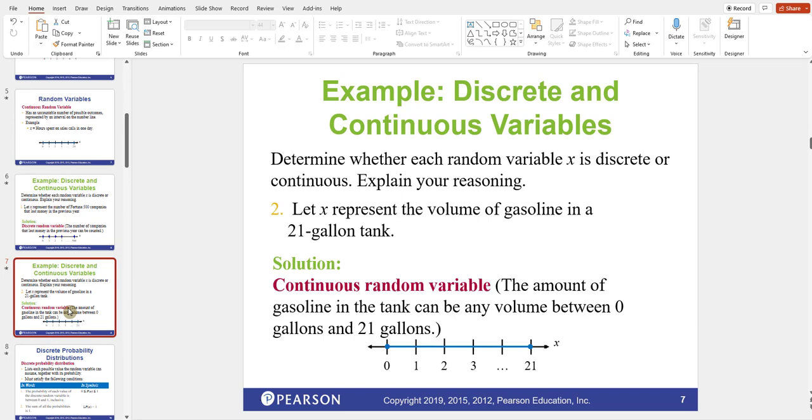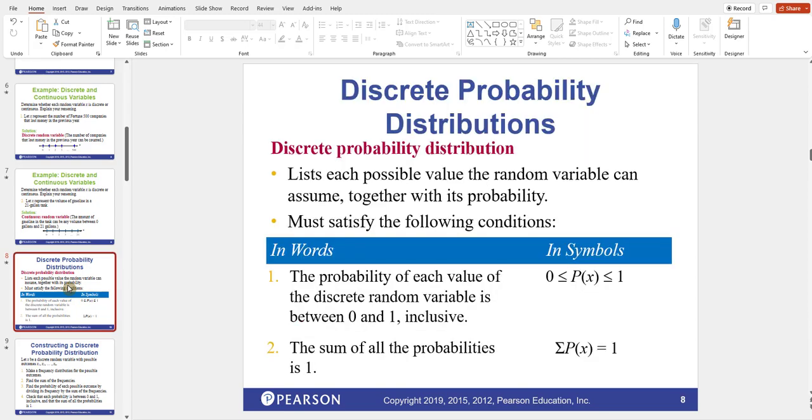The next one is the volume of gasoline in a 21-gallon tank. So anything that can be measured is usually considered continuous. It can take on any volume between 0 gallons and 21 gallons. It may not be exact. It might be 5 gallons, but it can have some extra decimals after the 5 gallons.